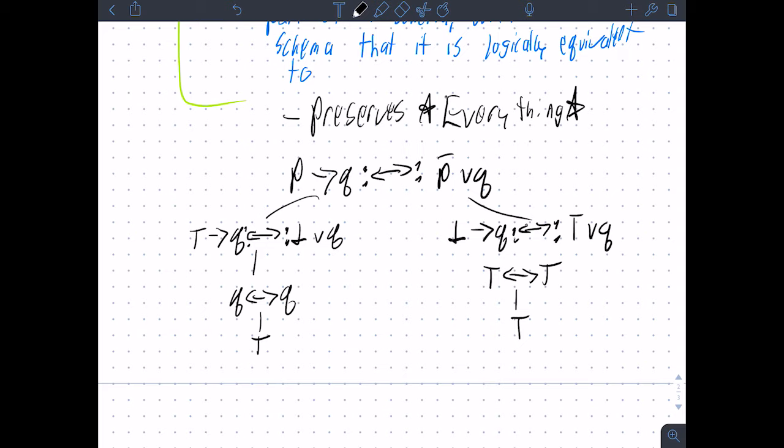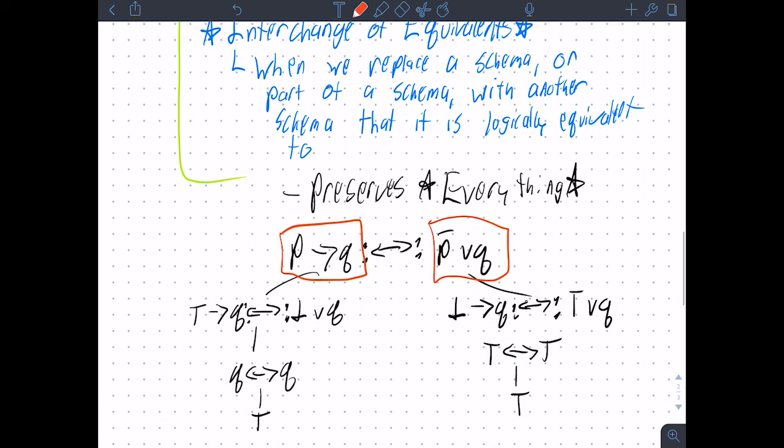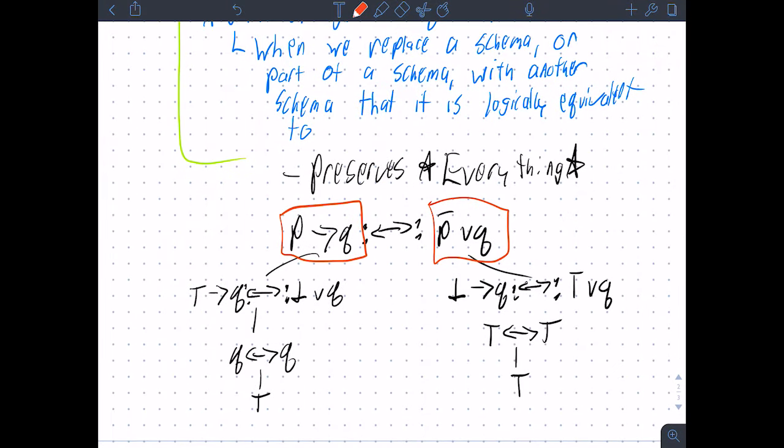And that means that anytime we see one of these in a schema, either "if P then Q" or "not P or Q", we can replace it with the other one. And that's what we're going to be learning here. I'm just going to be giving you a bunch of really useful equivalencies that you can use interchangeably to replace schemata or parts of schemata with other schemata that they are equivalent to.